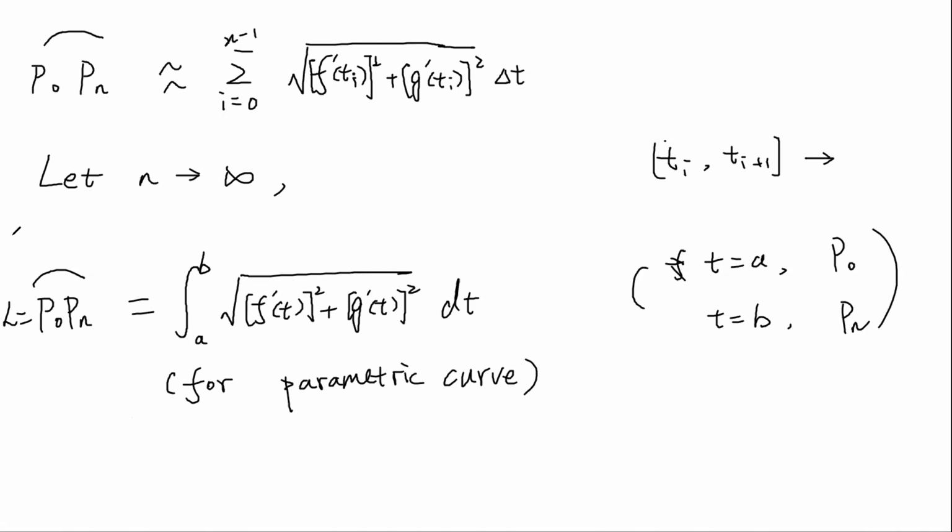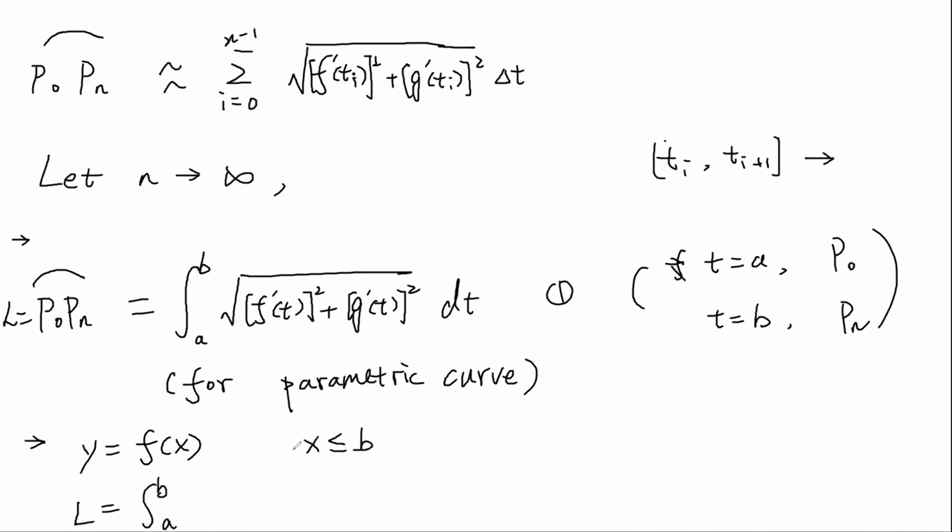And we know there are different ways to represent an arc or a curve. For example, if the curve is given by y is equal to f of x, let's call this formula 1. Then this formula becomes the integral from a to b.